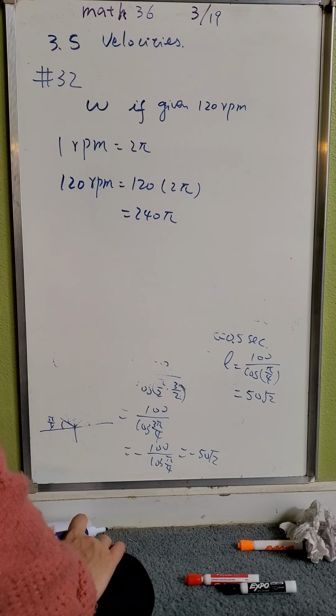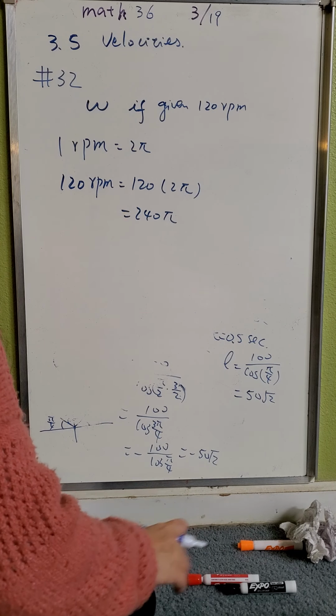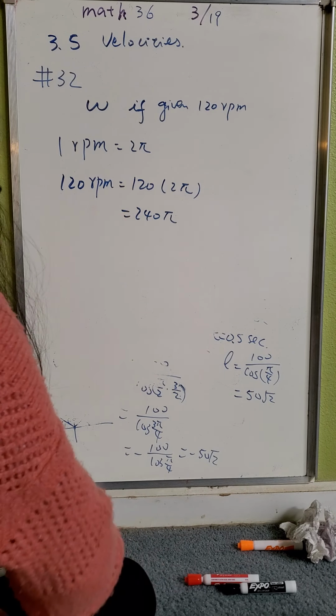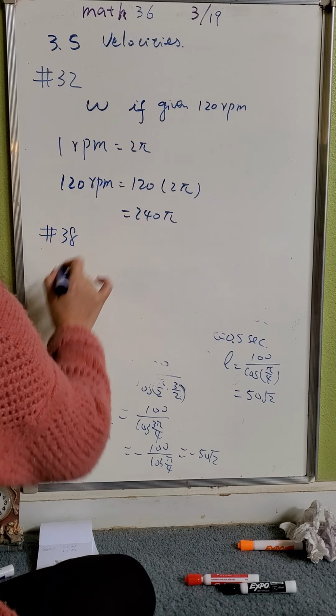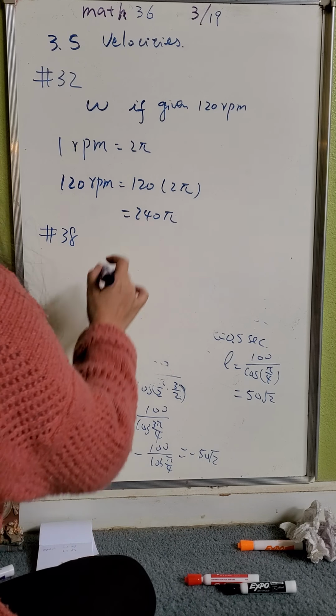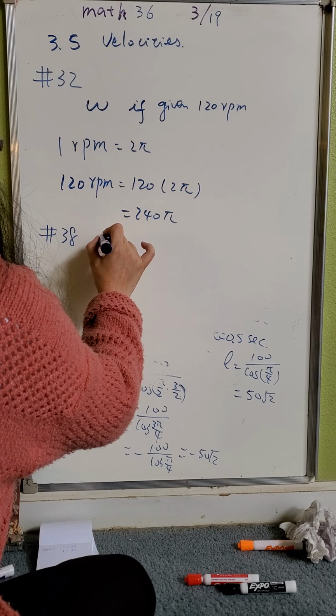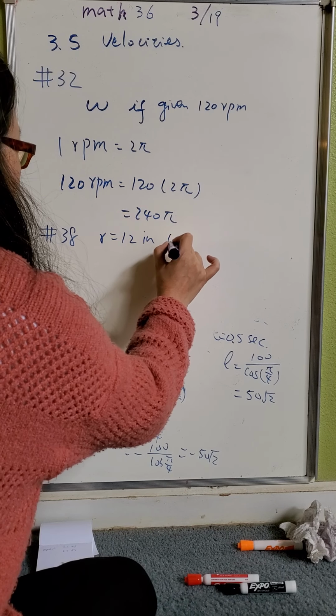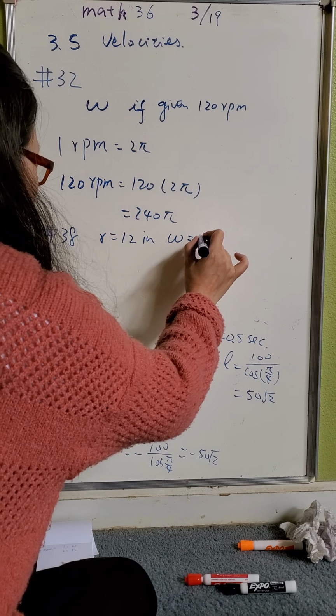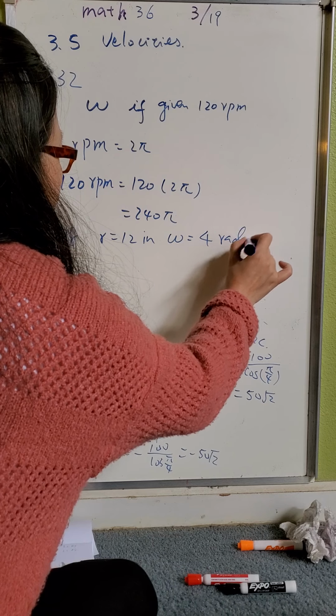And the next one is number 38. That'll be the last one we do. They said if you are given R is equal to 12 inch, omega equal to 4 radian per second.